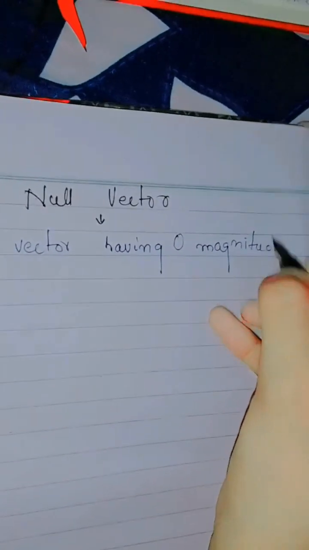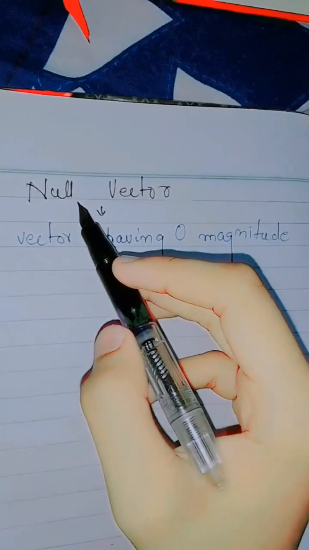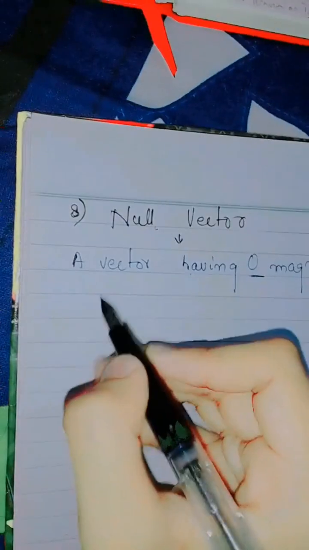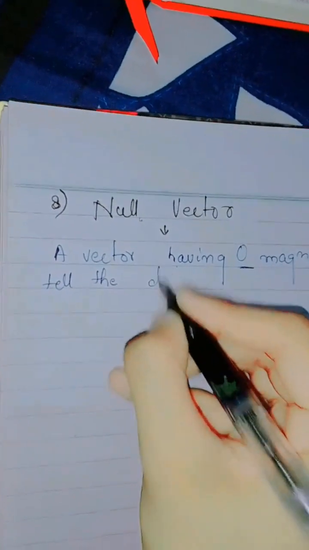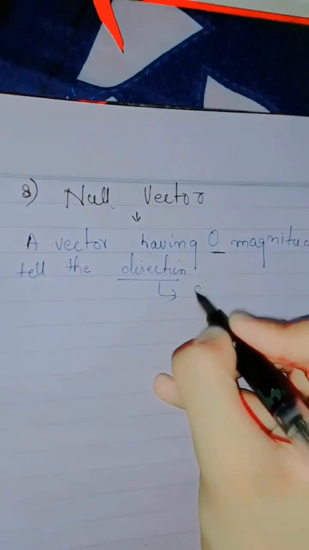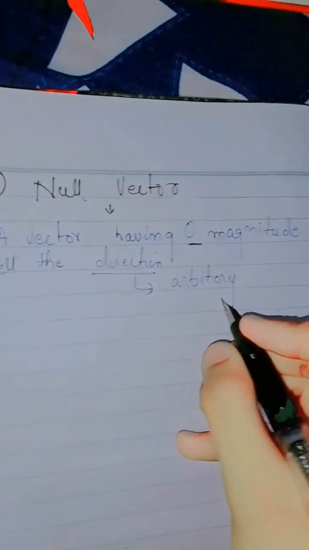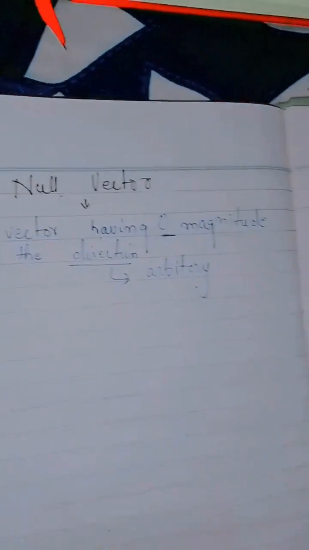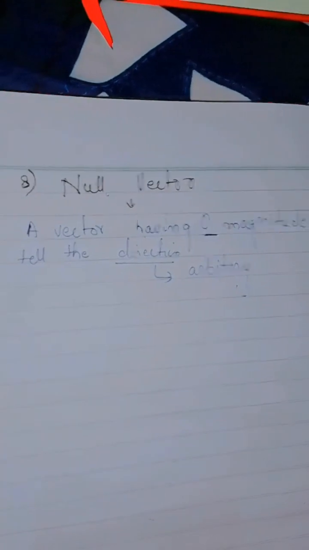It is having a zero magnitude, but it is considered as a vector, even though it has a zero magnitude, and it tells the direction, and that direction will be arbitrary. Arbitrary means that it can be any direction, like x-axis, y-axis, z-axis, any direction. So basically the null vector tells the arbitrary direction.